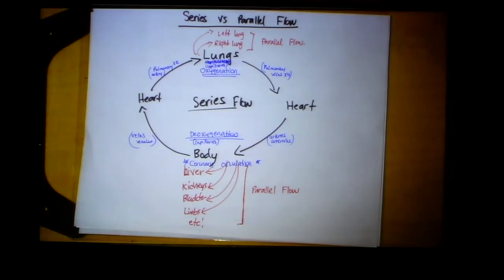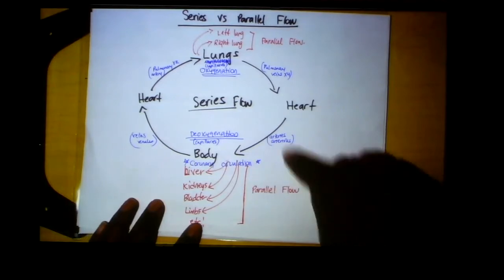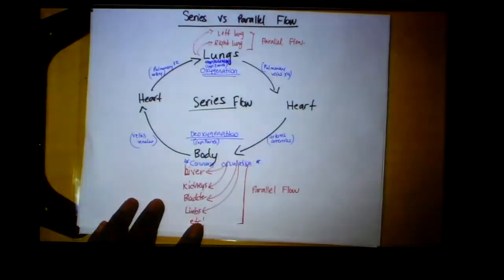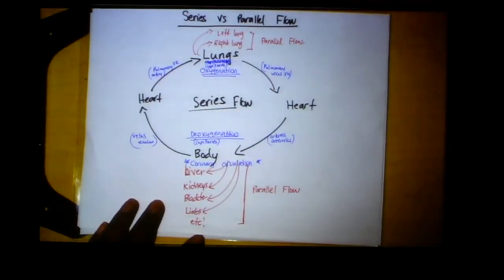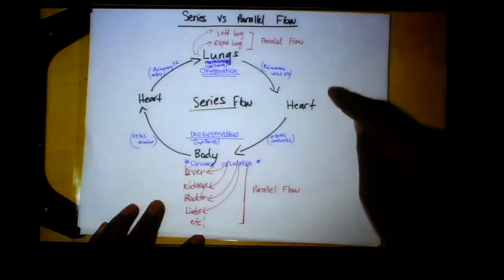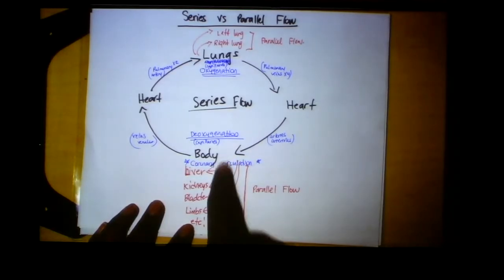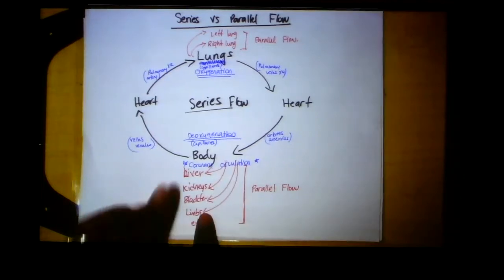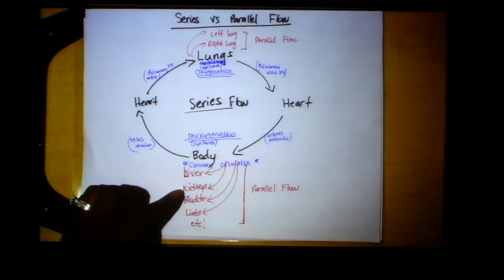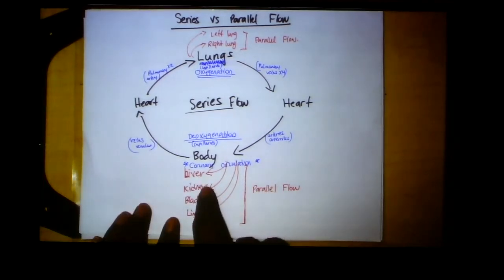So the question was, how do we differ between series flow and parallel flow? So series flow includes the circulation that must happen. Blood must go from the heart to the body, back to the heart, to the lungs, to the heart, etc. Parallel flow happens when we get to the peripheral tissues of the body in terms of our capillary beds, and blood can go to the liver, some of it can go to the kidneys, some of it can go to the bladder, and so we call this style of flow parallel flow because all of the blood does not go to each of these areas.